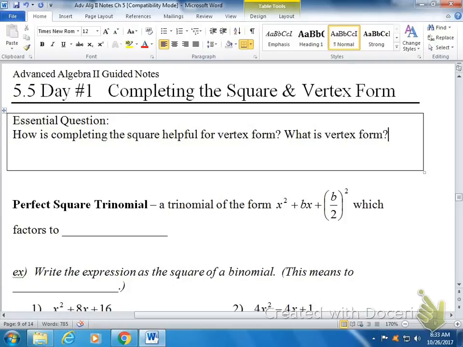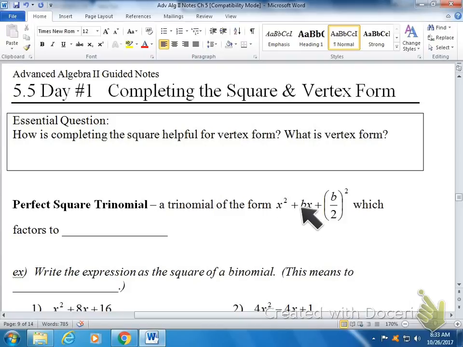So the perfect square trinomial is a trinomial of the form where you've got an x squared term, or you should have some sort of squared term before. It could have a leading coefficient that's not just a 1. It could be a 1, 4, 9, any sort of perfect square.